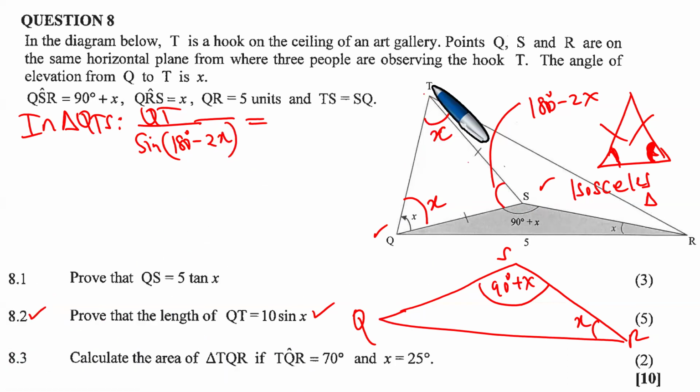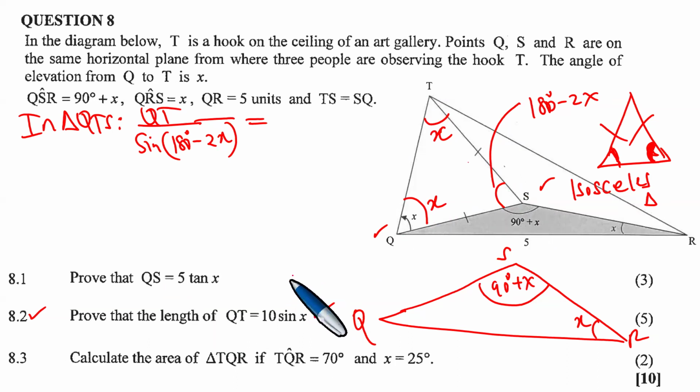QTS. If these are equal, then these are also equal to each other. So if you have QT over the sine of 180 degrees minus 2x, then you'd have, for example, TS, or you can say QS. It doesn't really matter which one you take, because QS and TS are equal to each other.